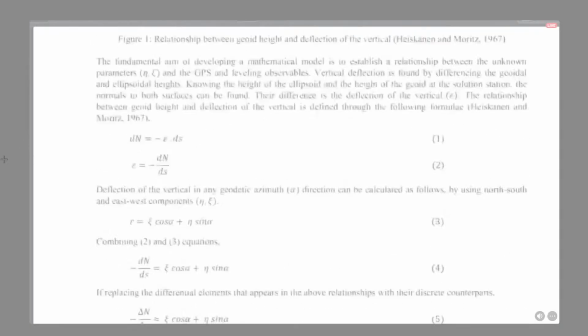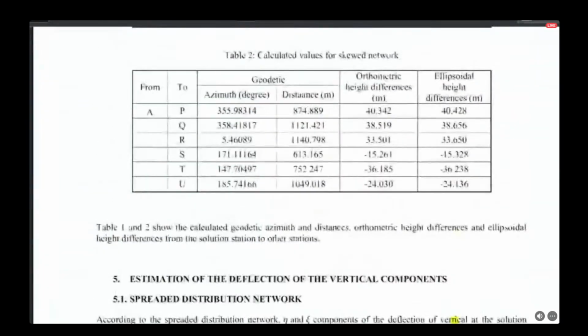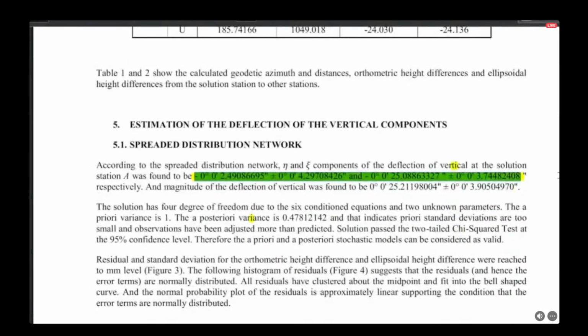It's the same problem that we've been going over and over. They try to solve it, but then they come up with the components of the deflection of the vertical. Solution A was found to be off by 0 degrees, 0 minutes, and 2.490888865 seconds. So, 2 seconds is good, but that's a lot.